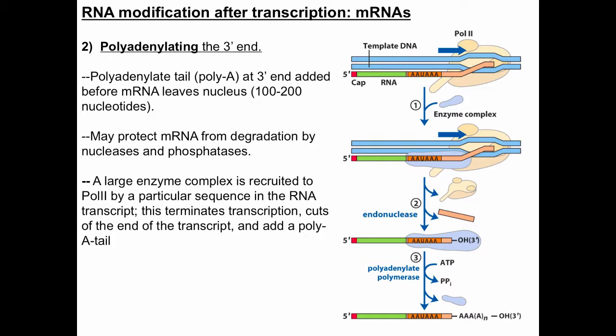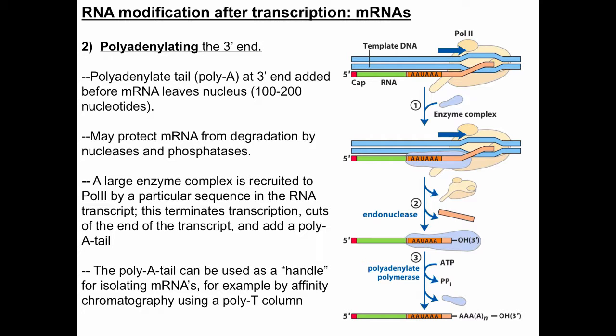Pol2 will fall off, and the enzyme complex is still bound to the mRNA transcript. It will then cut the 3' end with its endonuclease activity, and add the tail of A's, catalyzed by polyadenylate polymerase, to make the poly-A tail.